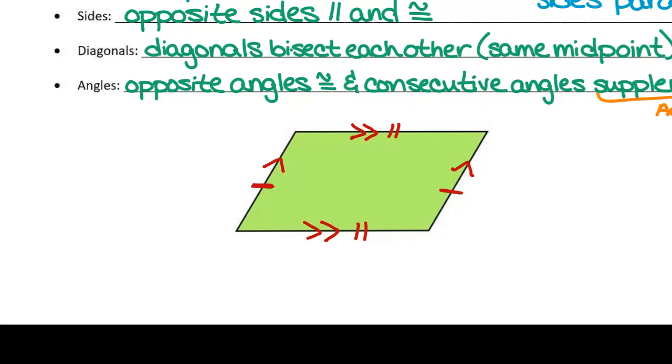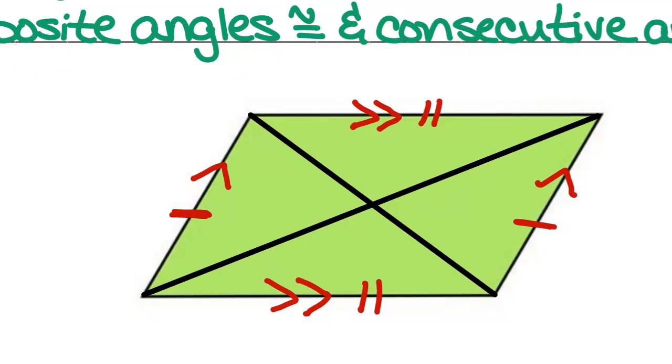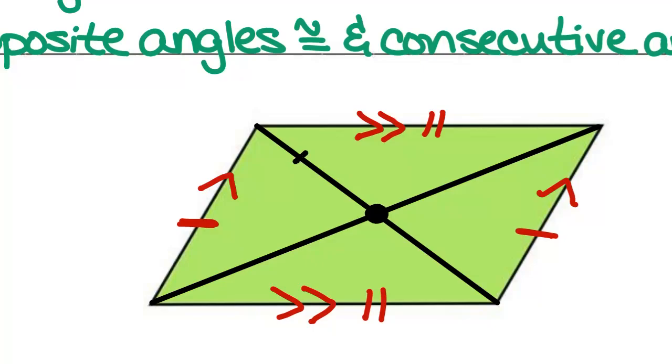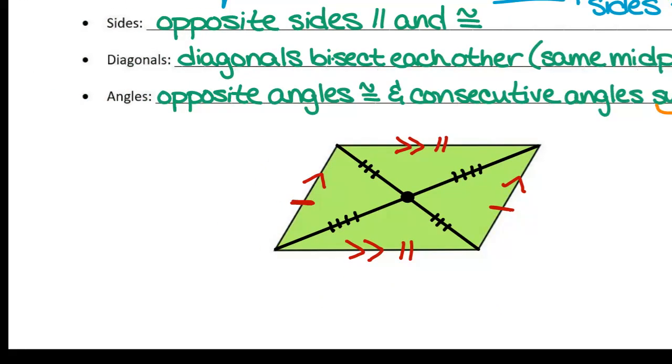Said that the diagonals bisect each other, so I'm going to draw in the diagonals. We go from opposite corners, connect opposite corners here. This point right here where those two diagonals are intersecting breaks this diagonal into two equal parts, and it breaks the other diagonal into two equal parts.